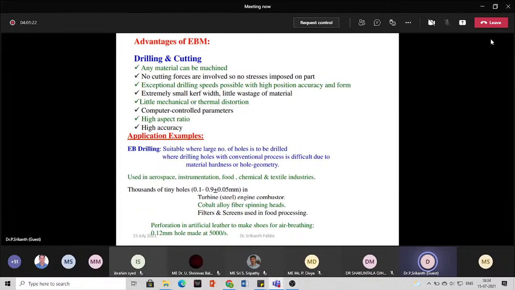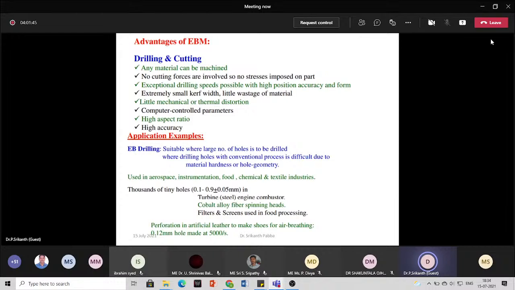The other day, when micro machining was discussed, we talked about induced stresses; that will not be there in this. Exceptional, very high drilling speeds are possible, there is little mechanical or thermal distortion, and high accuracy is possible.